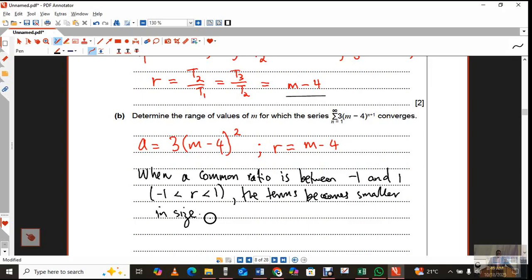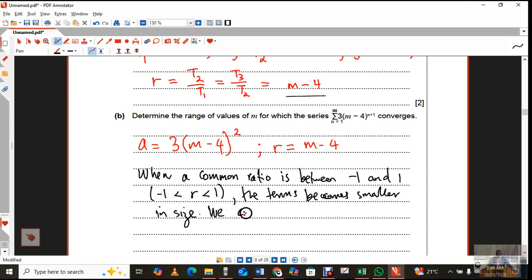It converges to a number. So for us to be able to determine that, because you have got to determine the range of values of m for which this series converges, that is what I'm using. Maybe I can just add that there so you can also take note.